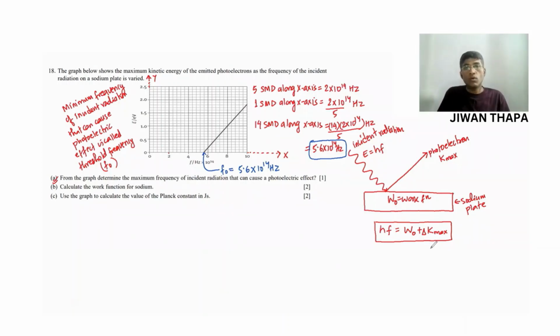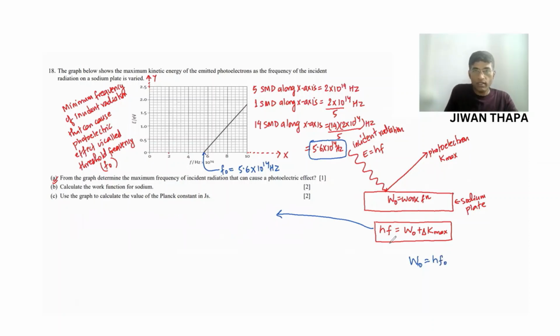Now we are asked to find the value of Planck's constant in joule second from the graph. So let us take this relation. As I said earlier, work function W naught is Planck's constant times the threshold frequency.